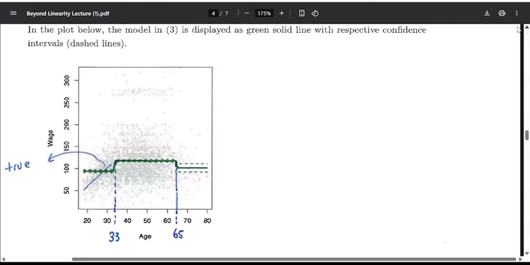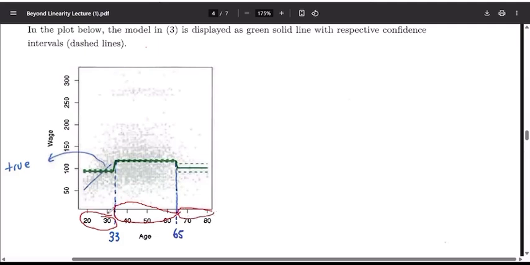Because of that weakness with the polynomial, we now want to apply a step function. In the step function, we split the continuous age, look at that, into less than 33, between 33 and 65, and more than 65, three categories.